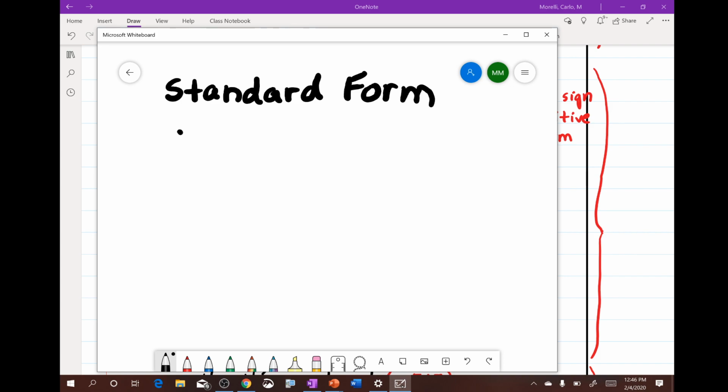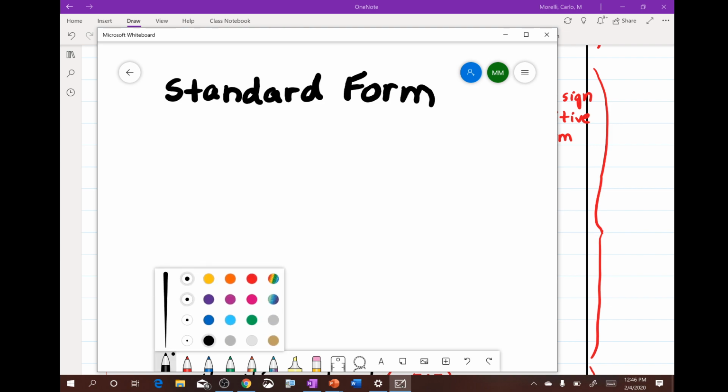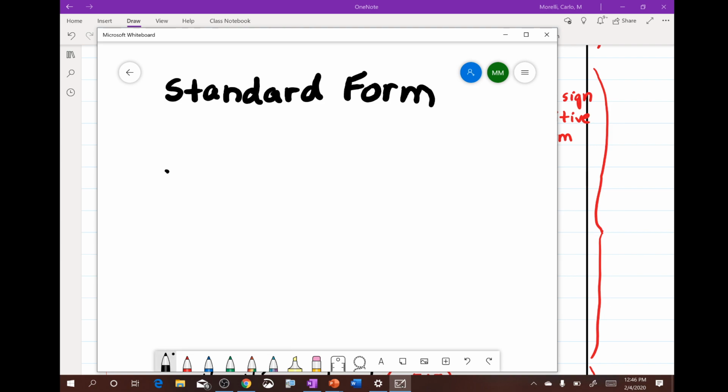If your OCD is kicking in about that dot, I'm going to get rid of it for you because mine was. Here's the standard form of a quadratic.